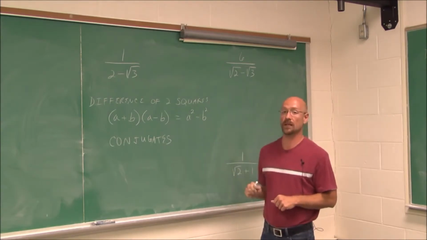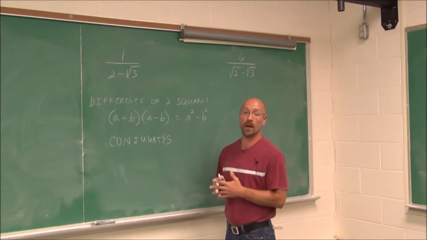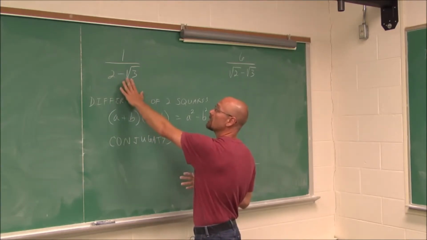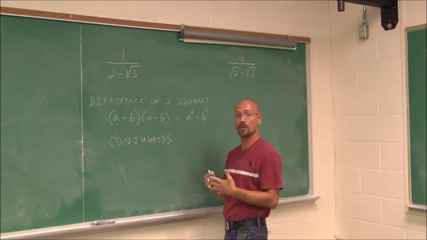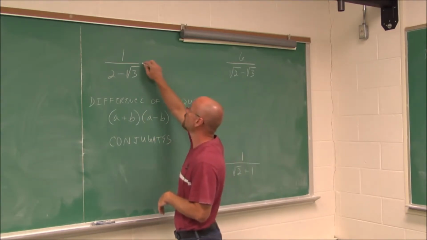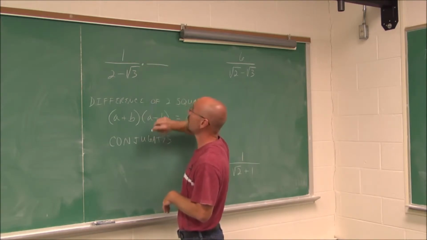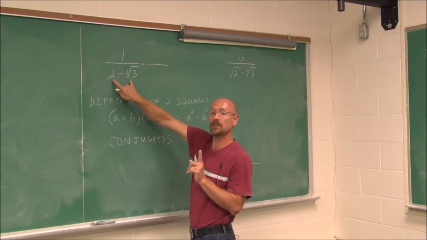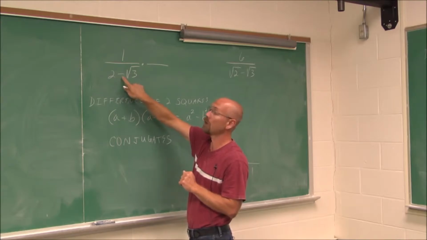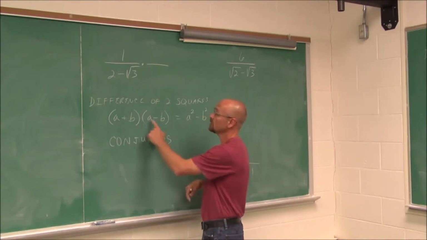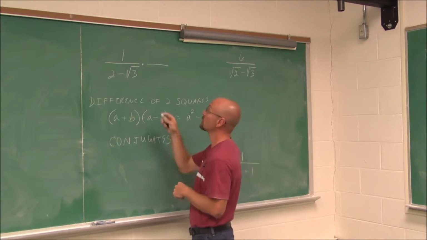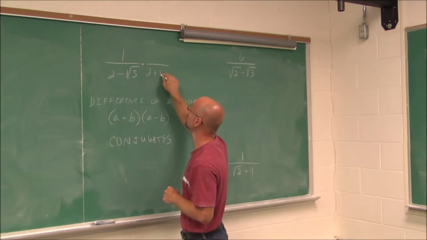We're going to use that as a tool. That will help me rationalize the denominator. So whenever I see a sum or difference in a denominator containing a radical, I can multiply by its conjugate. So if we look at this, its conjugate is 2 plus the square root of 3. We just change the sign in between them to find its conjugate.